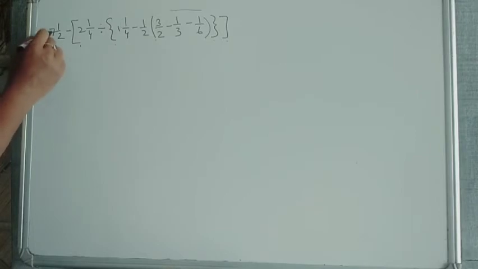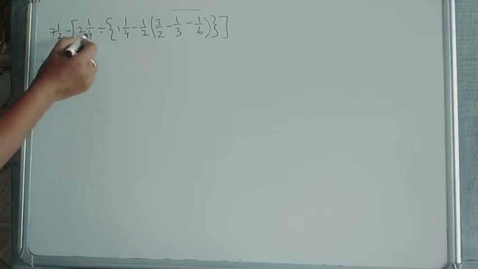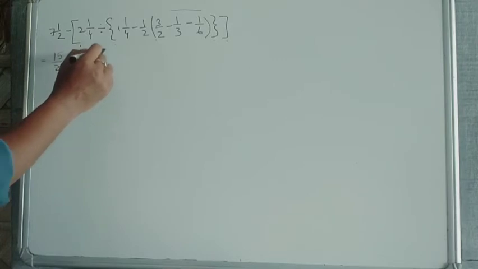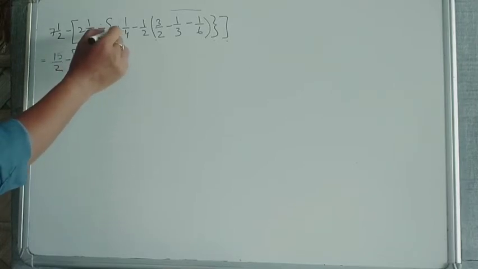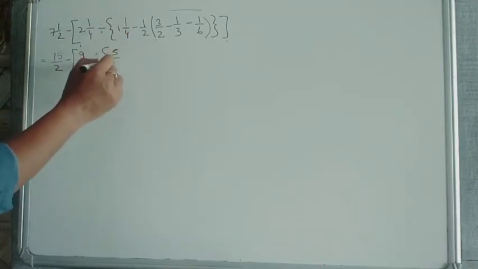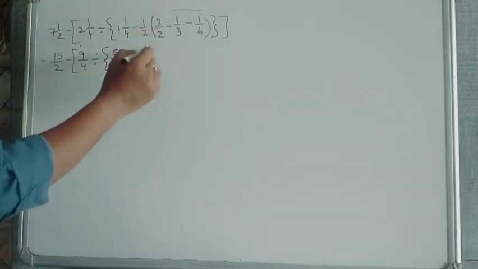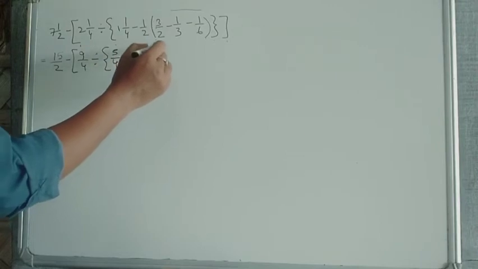So 7 2 ja 14 plus 1, 15 by 2. 4 2 ja 8 plus 1, 9 by 4. 4 1 ja 4 plus 1, 5 by 4. 1 by 2. So 3 by 2 minus.